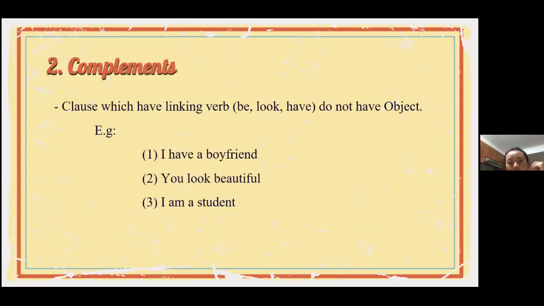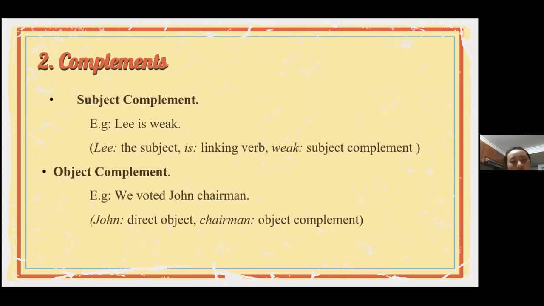Second one, we have complements. The definition is: a clause which has a linking verb, such as be, look, and does not have an object, has what we call complements. For example, "I am a student" and "You look beautiful." A subject complement is the adjective, noun, or pronoun that follows a linking verb.